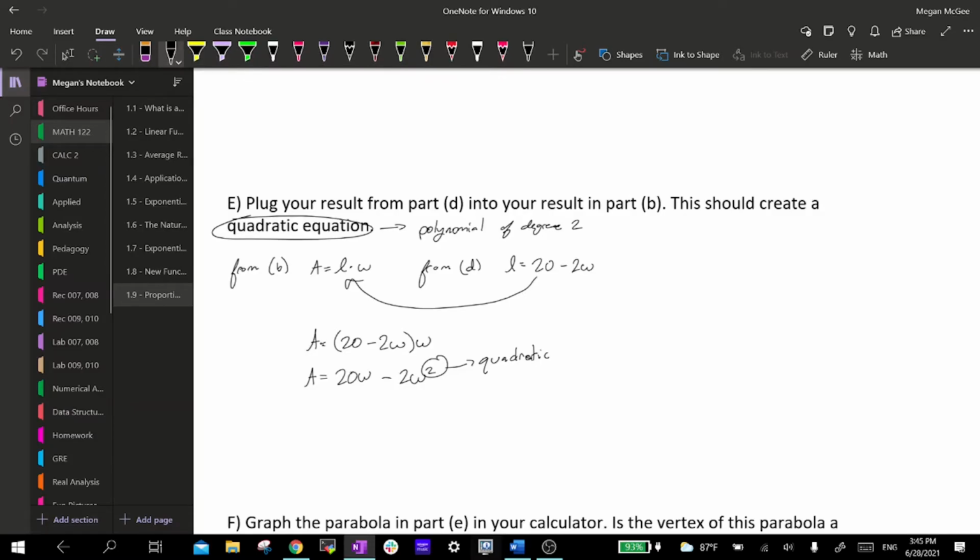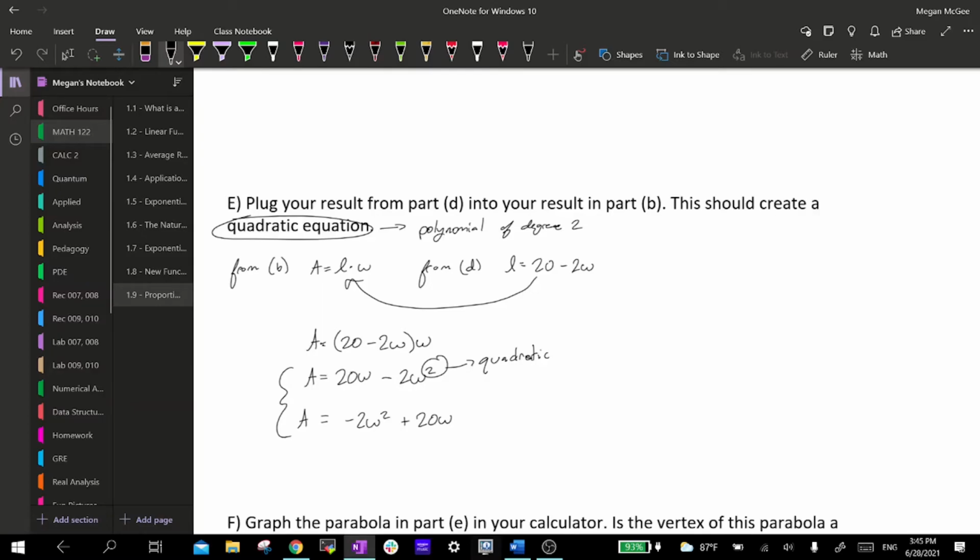Now remember when I said leading coefficients might not always be in the front? Well, this is what I mean. It's our second term here, right? But that's okay. We can just move it to the front. Do you agree that I just wrote the same two things just in a different way?